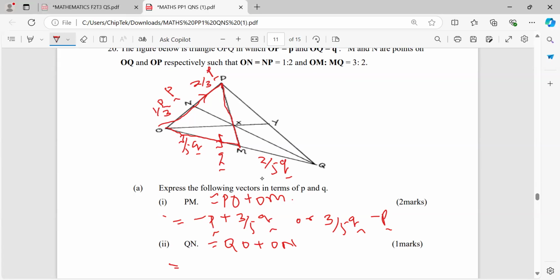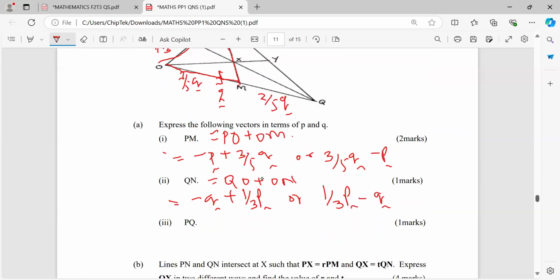QO you're going against the direction, so itakuwa negative Q plus ON. ON is just a fraction of OP, na ile fraction a third, and it's positive, so we are going along the direction. So the answer can be this or that, 1/3 P minus Q.